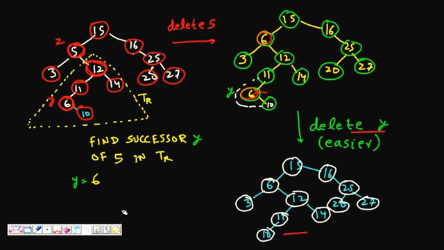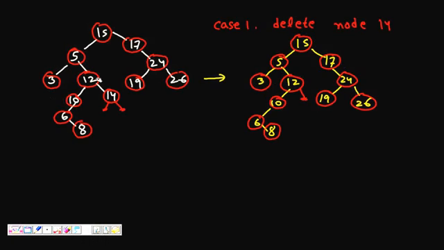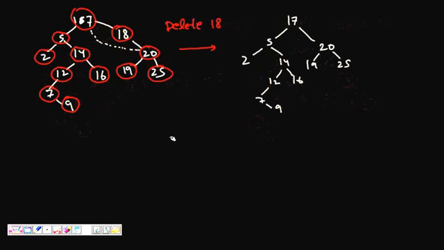So let's see case 1 also. In case 1, let's say we have to delete node 14, this one, because it has no left and right subtree. So simply we make the right child of its parent null, and we delete 14. This is simple. Now delete 18. 18 has one child, the right child. So this is z, and the parent of z is this one.